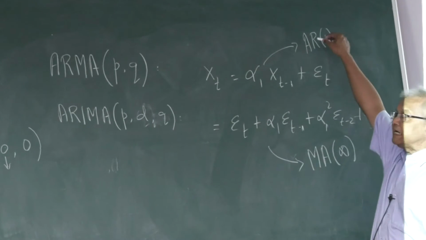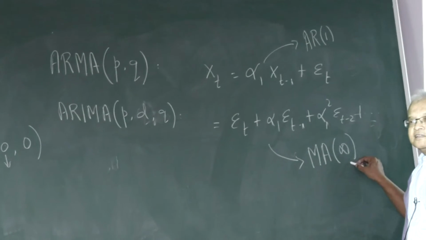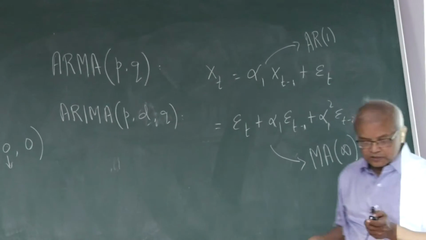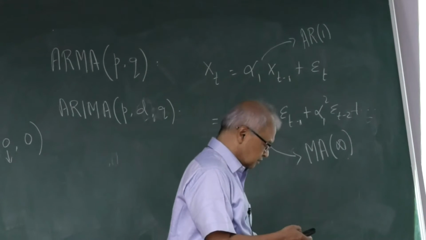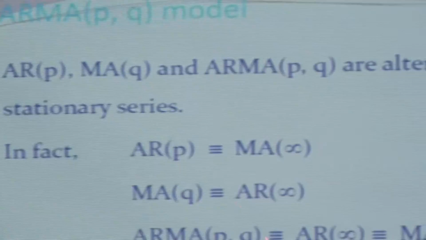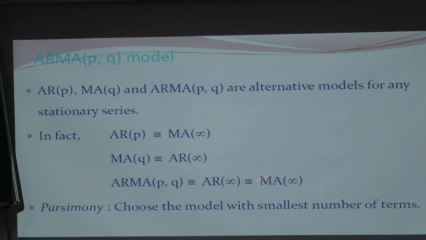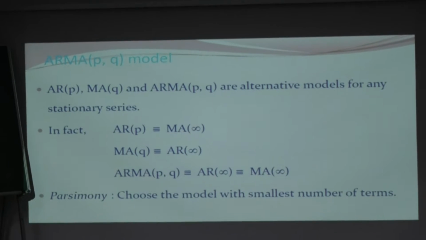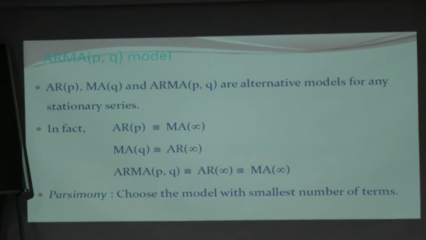So I can always write an AR1 as an MA infinity. These are equivalent models, okay? So I can always write an ARP as an MA infinity, or an MAQ as an AR infinity, or an ARMA PQ as an AR infinity, MA infinity, okay? So these are equivalent, you can go from one to the other, always you can show this.